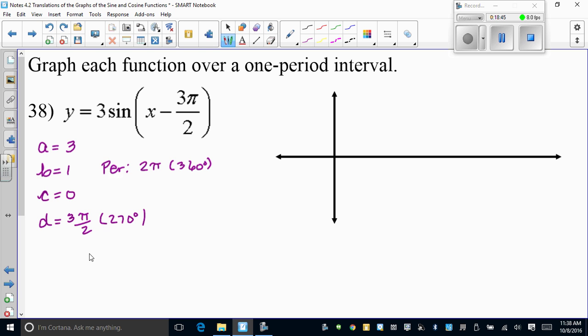So let's do our phase shift. If we look at our phase shift, that's going to be 0 is less than or equal to x minus 270 degrees, which is less than or equal to 360. Add 270 degrees.